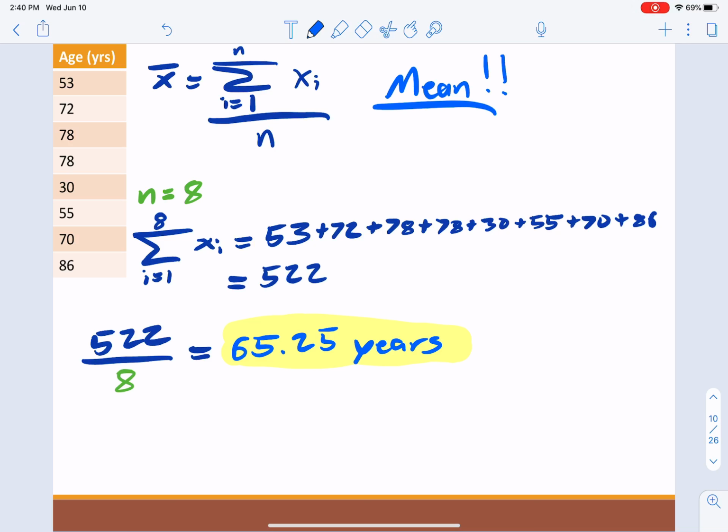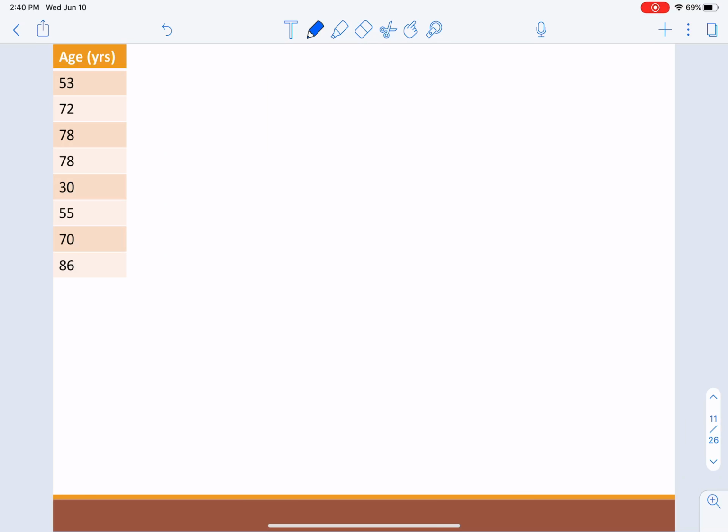Okay. So we got the mean out of the way. Let's do the median now. This is just a process, not a whole ton of math, if any. But the first thing we want to do is order the data from the least to the greatest, so in increasing order.